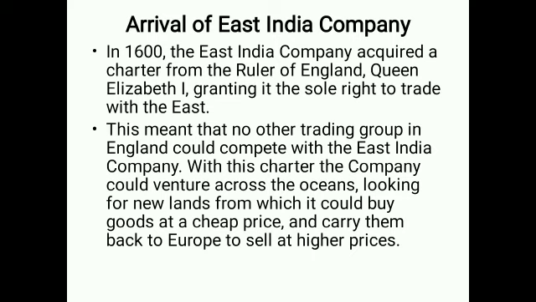This meant that no other trading group in England would compete with the East India Company. This royal order means that no other company in England besides East India Company will be there in India. Only East India Company is going to rule in the eastern part of the world.